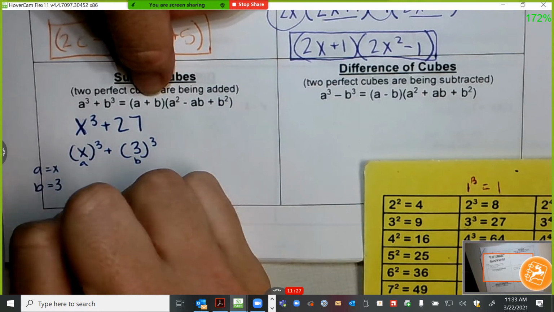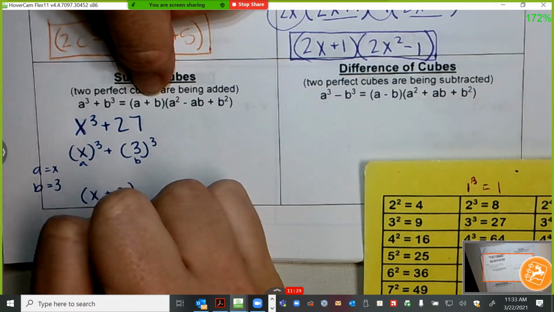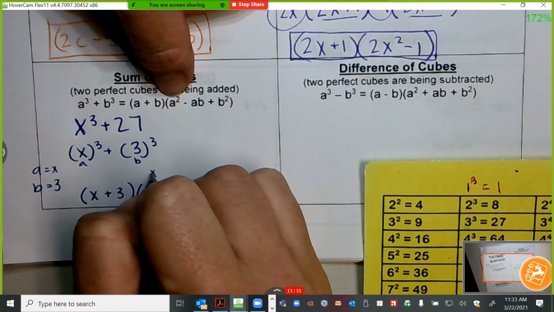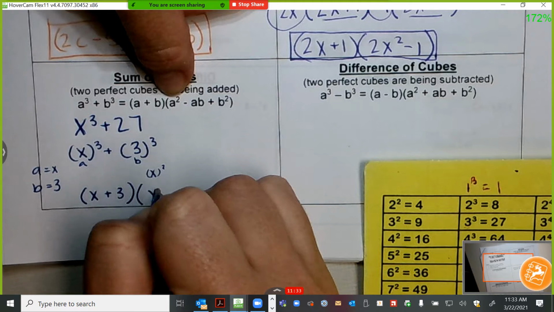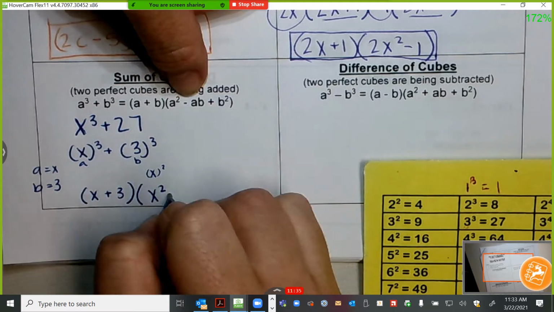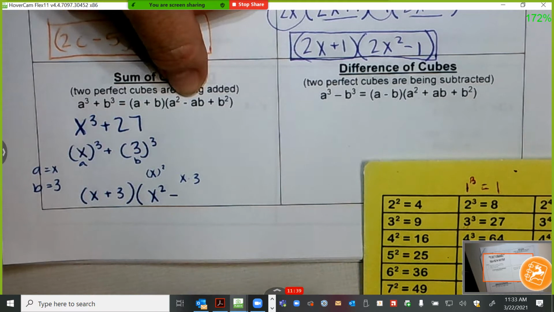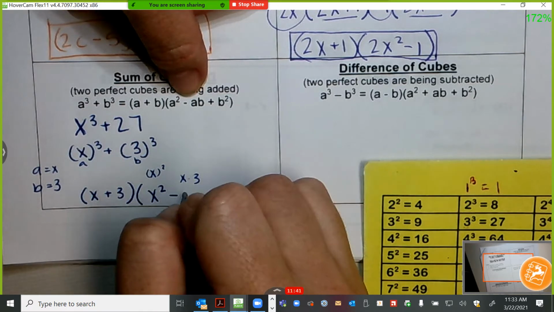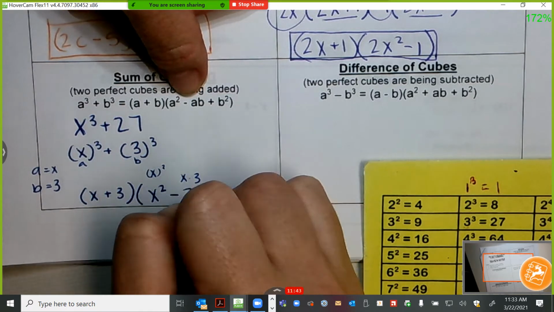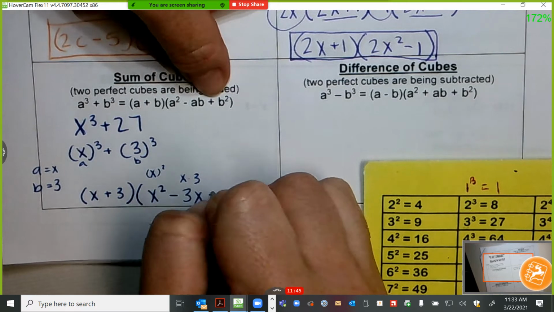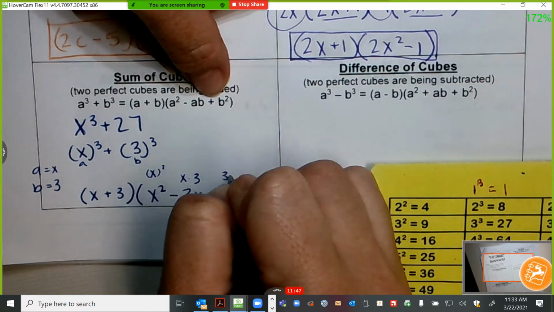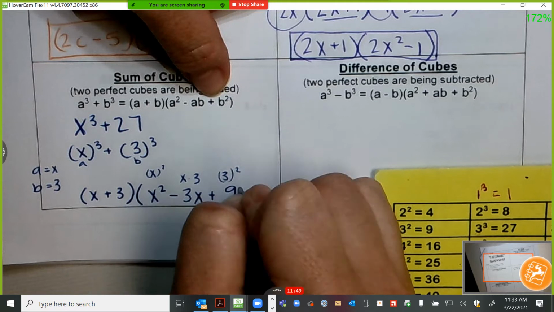So a plus b, a squared, which is just x squared, minus a times b, which is x times 3. What's x times 3? 3x. Plus b squared, which is 3 squared, which equals 9.